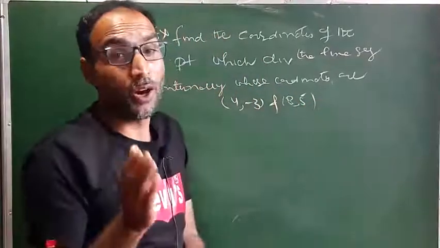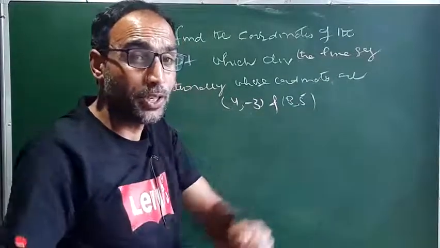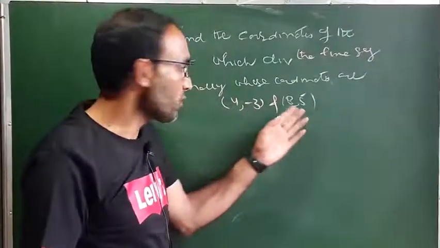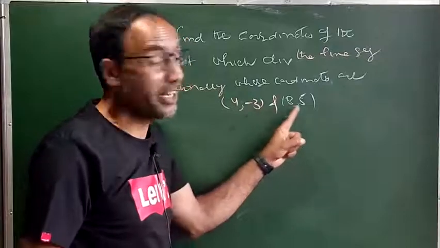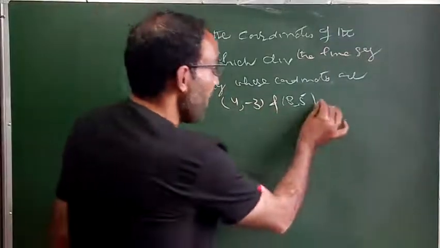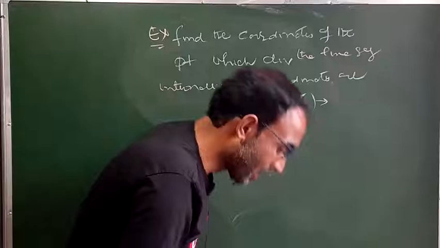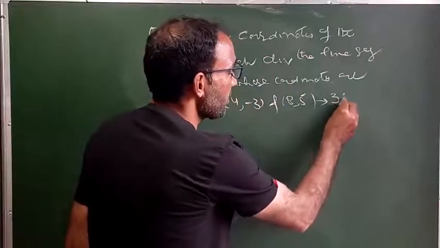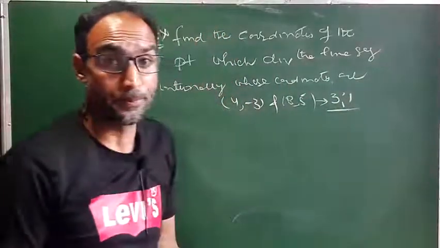We have to determine the coordinates of that point of the line segment whose ends are 4 comma minus 3 and 8 comma 5, and this point divides this line segment. What is the ratio? The ratio is, dear students, 3:1.